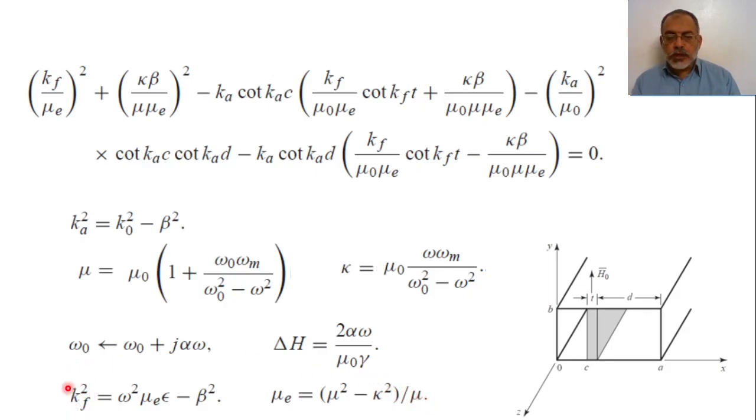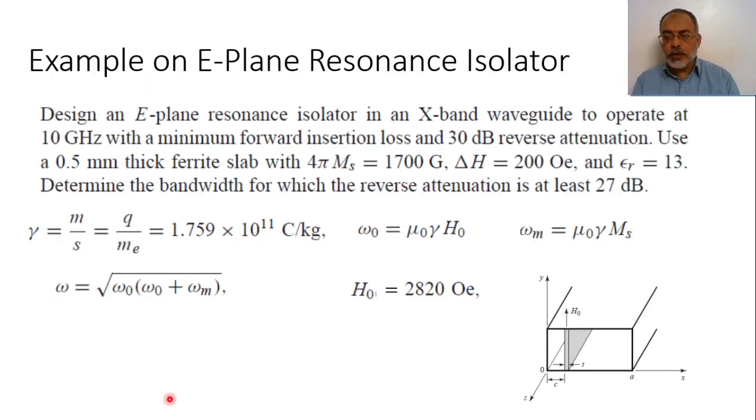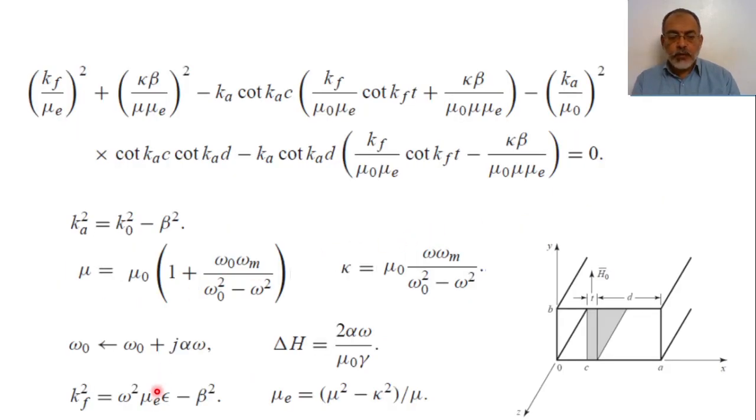The propagation constant in the ferrite is obtained as k_ferrite squared equals omega squared mu extraordinary multiplied by epsilon. Epsilon is epsilon naught multiplied by epsilon r, and epsilon r is 12. So here is mu naught multiplied by mu_e, or mu extraordinary in general, multiplied by epsilon minus beta squared. And beta once again is the propagation along the z direction.